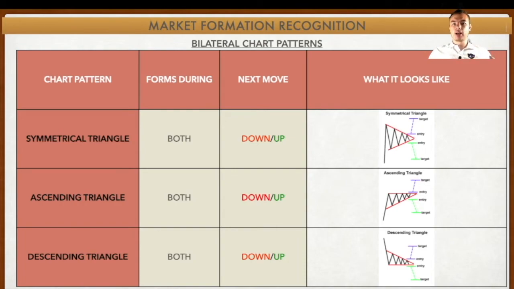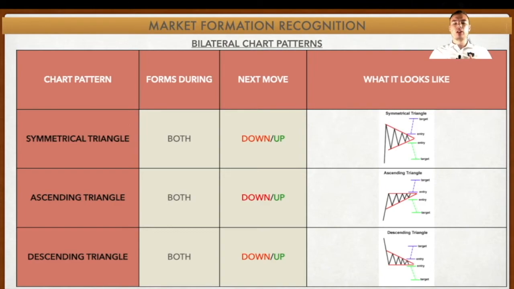You get three types: symmetrical, ascending, and descending. All three can form in either an uptrend or a downtrend, and all three can either break above, retest, and carry on going up, or break below, retest, and carry on going down. So be very careful with these sorts of patterns. Like I said, it is like your rising and falling wedge.